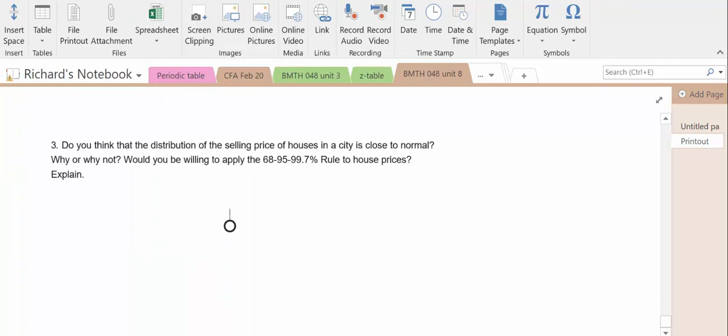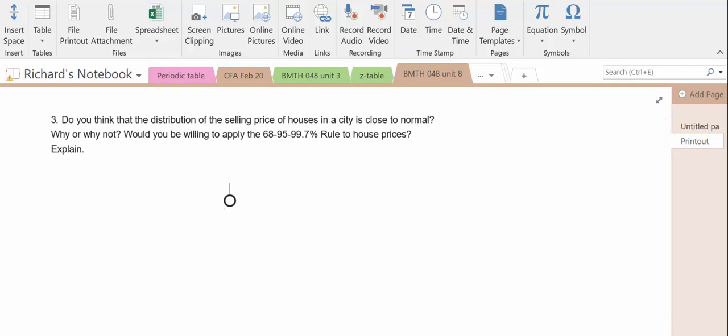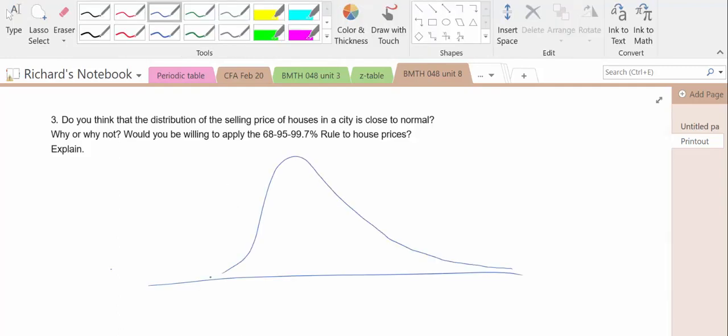So you've got a question about the distribution of selling prices of houses in a city, close to normal. Well, think about Vancouver. They give an answer in the back of your solutions manual, but basically, the distribution of house selling prices in Vancouver would probably be something like this.